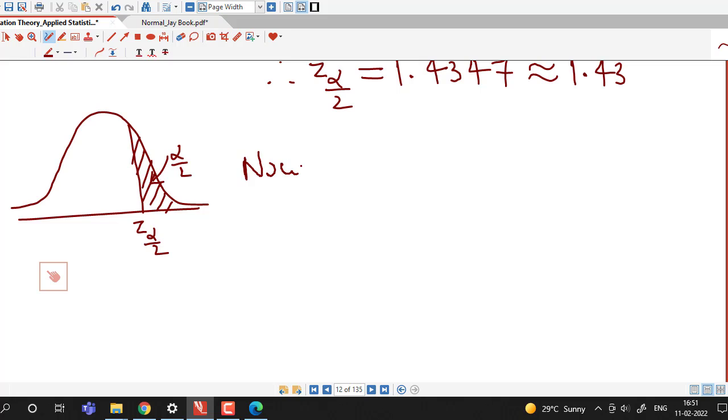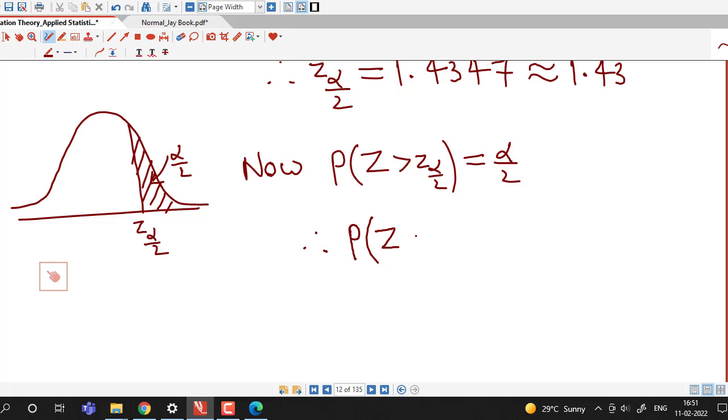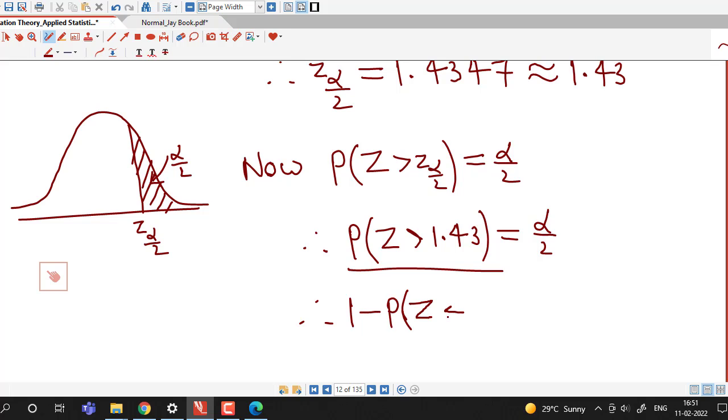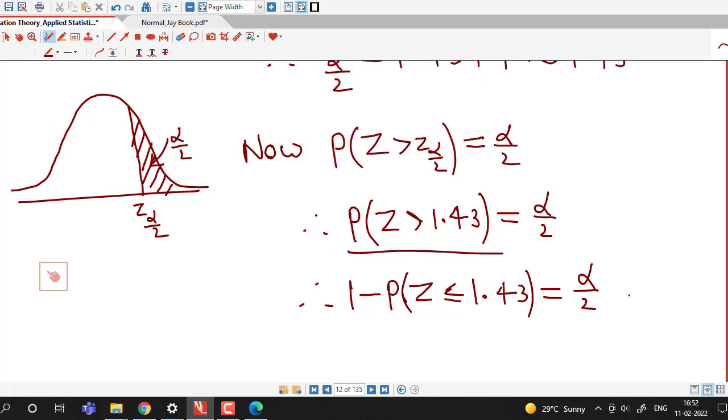Okay, so we can say that probability that Z exceeds Z alpha by 2 is equal to alpha by 2. Therefore probability that Z is greater than 1.43 is equal to alpha by 2. Now this I can rewrite as 1 minus probability that Z is less than or equal to 1.43. So this is equal to alpha by 2.